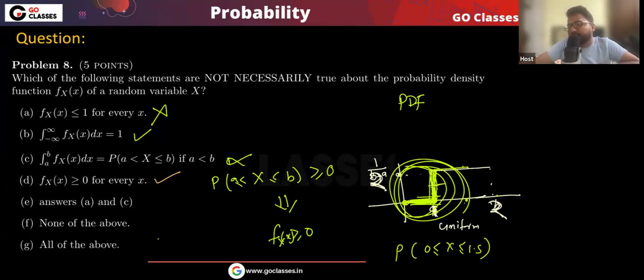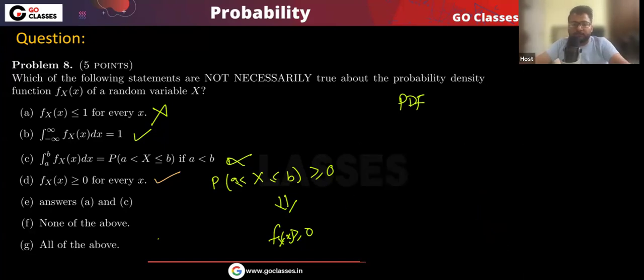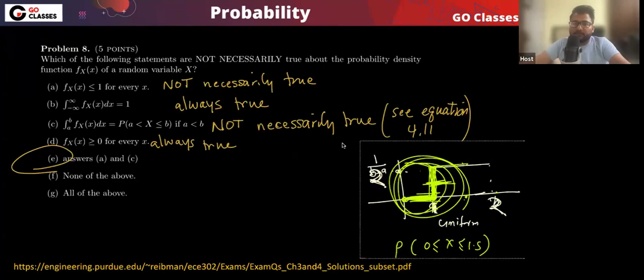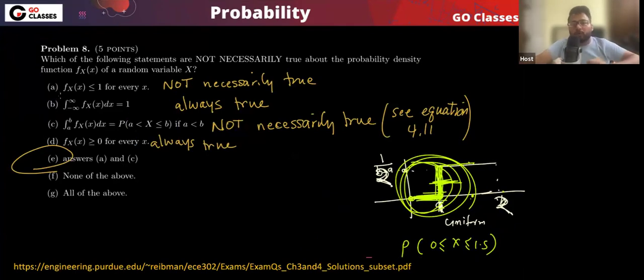It is not even continuous. If it is not even continuous, how can it be differentiable? So that's why we are saying it's false: not necessarily true, because it may not even be continuous.